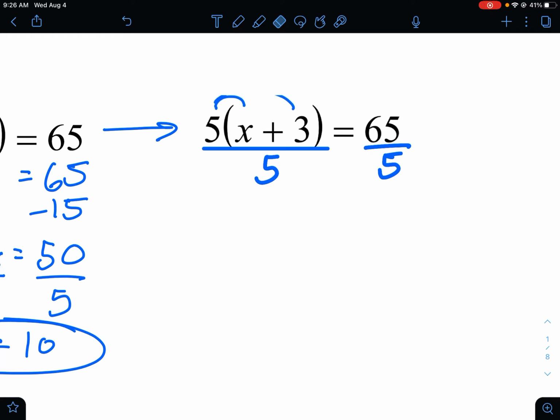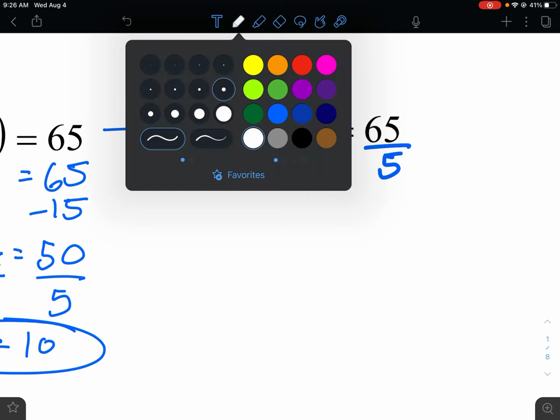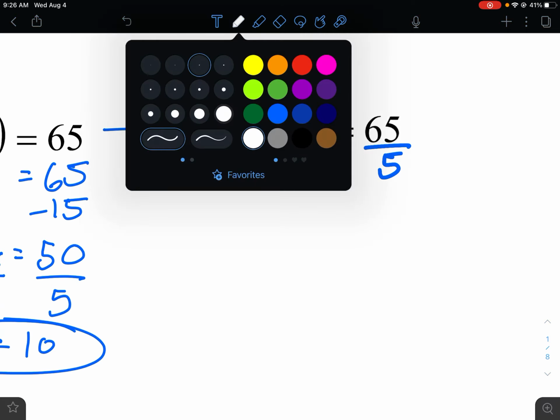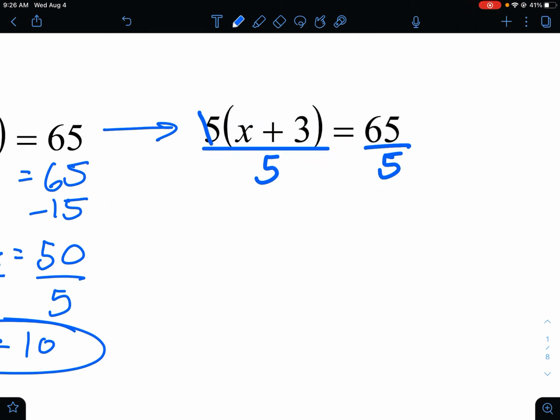So what we can do is divide both sides by 5. And that is going to cancel this 5 out, and we get x plus 3 left over because that 5 goes away. And then you're going to have 65 divided by 5, which is going to give you 13.